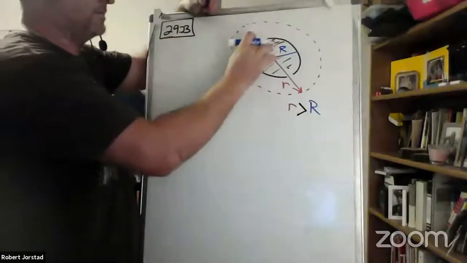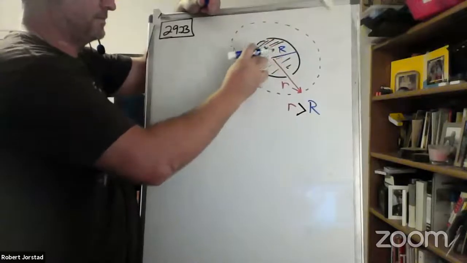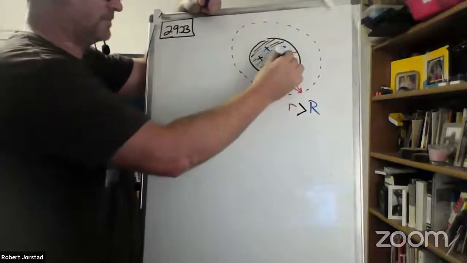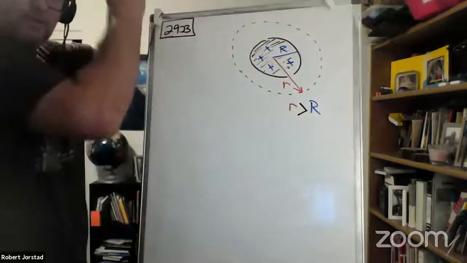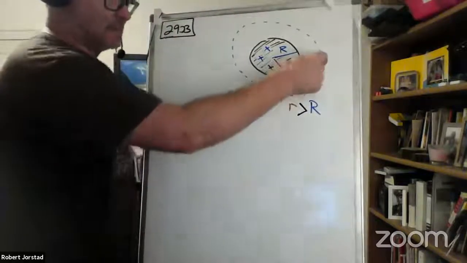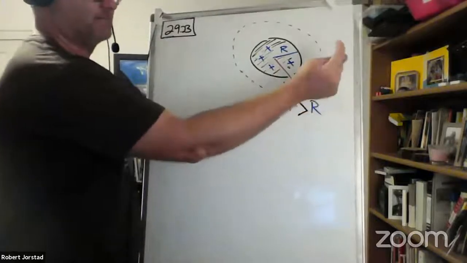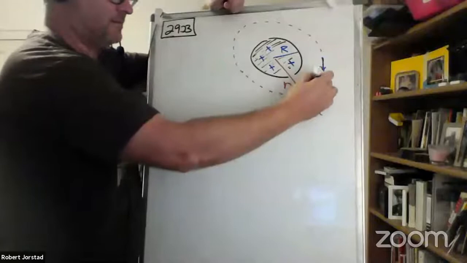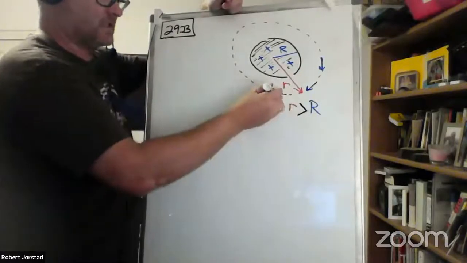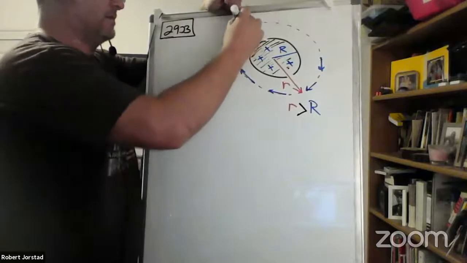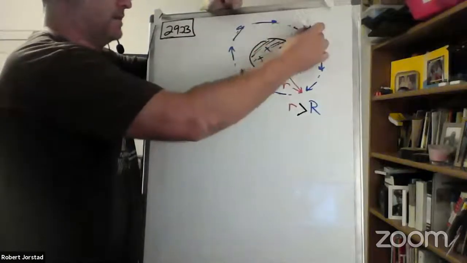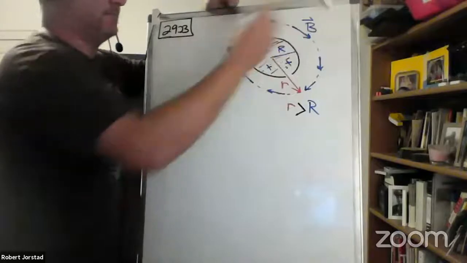So in this problem, current is flowing into the page. Based on that, what direction is B at this point right here? Down. Yeah, and do you agree it's going to curl around here, just like the compasses in some video that maybe you didn't get to watch? So there's the B field.